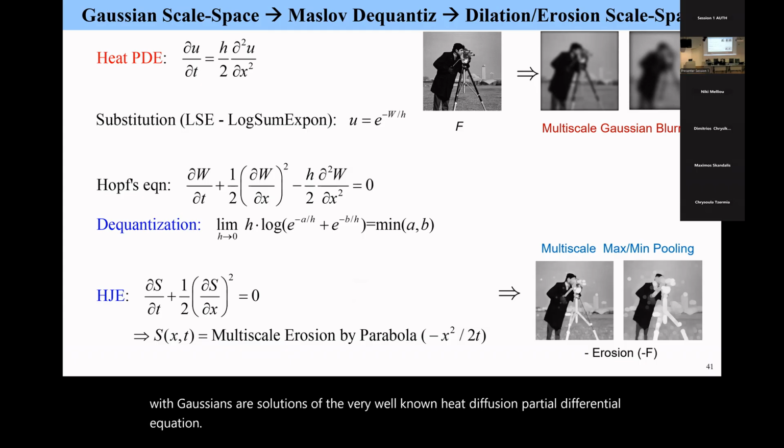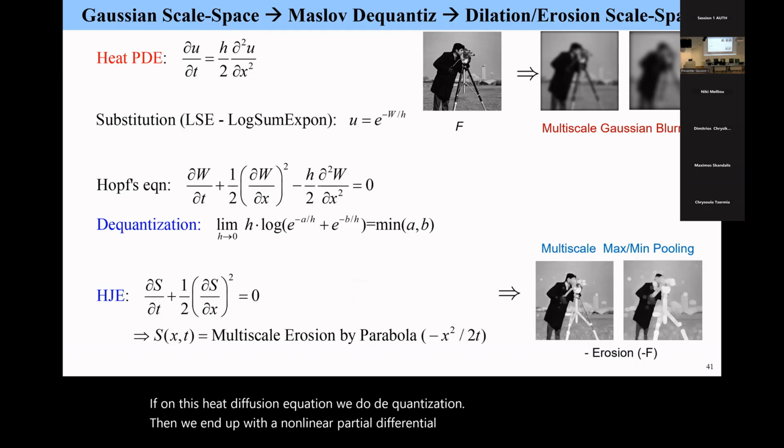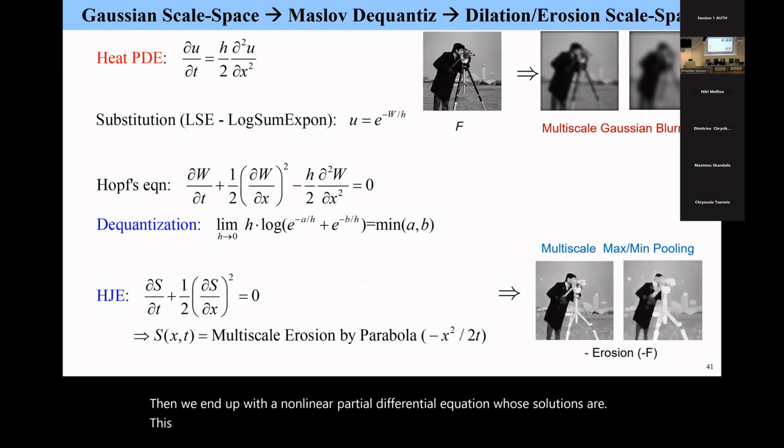If on this heat diffusion equation we do dequantization, then we end up with a nonlinear partial differential equation whose solutions are these tropical convolutions that I mentioned before, meaning the erosion or the dilations of functions by other functions.